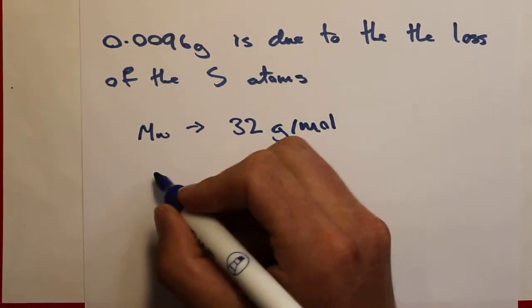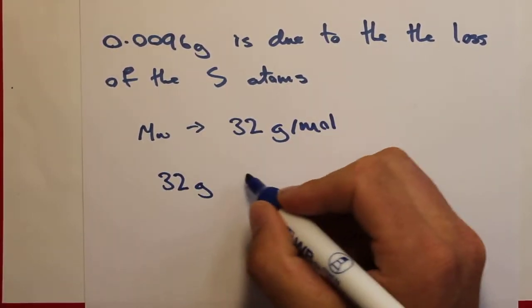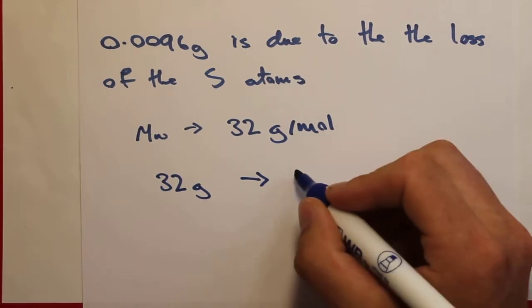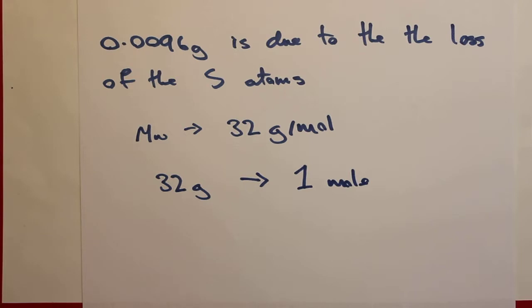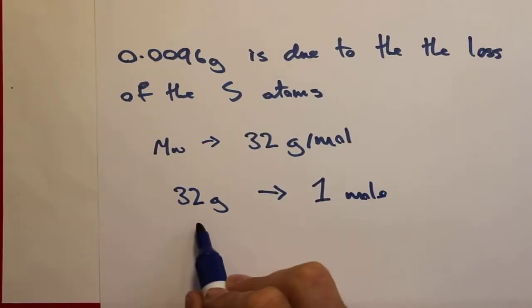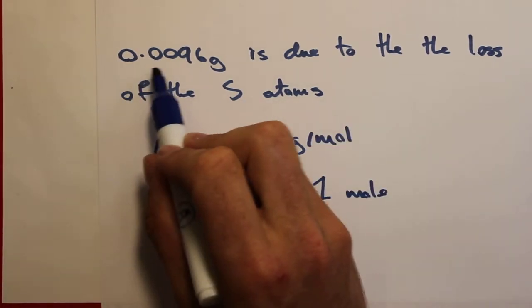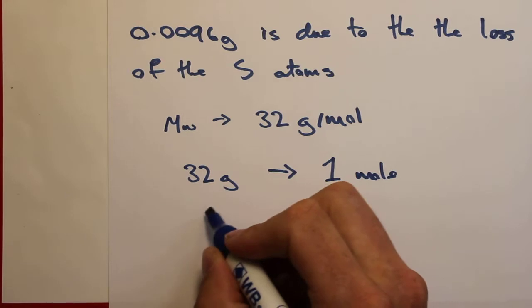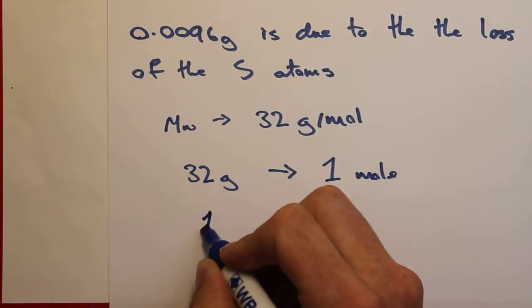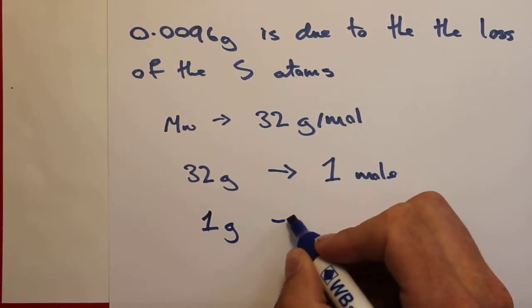And what this is telling us is that 32 grams of sulfur is equal to 1 mole of sulfur. Now, we're not interested in 32 grams, we're interested in 0.0096 grams. So we're going to divide both sides by 32 to find what 1 gram would equal.